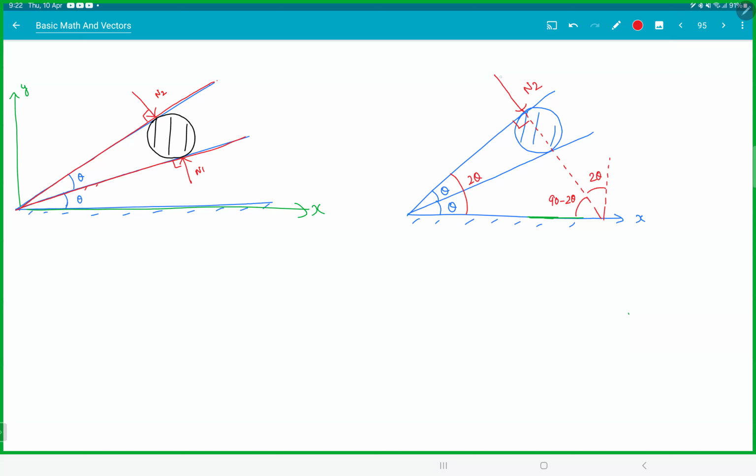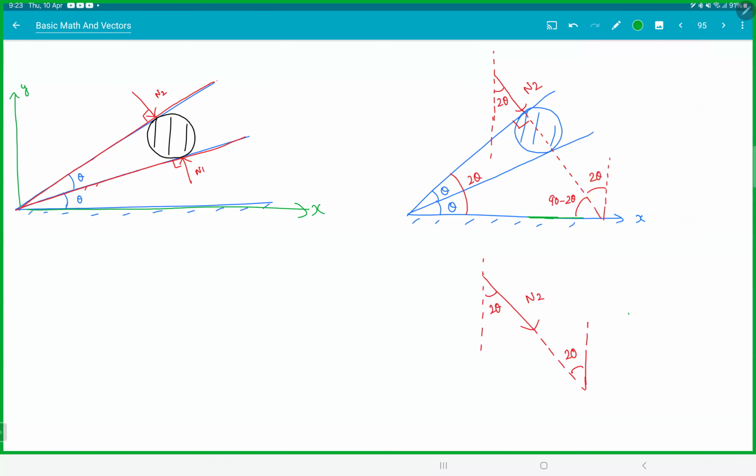So for this N2, if I drop a line like this, if that is 2 theta, isn't this also 2 theta? Can you see the parallel lines? This is N2. This is 2 theta, so this is also 2 theta.